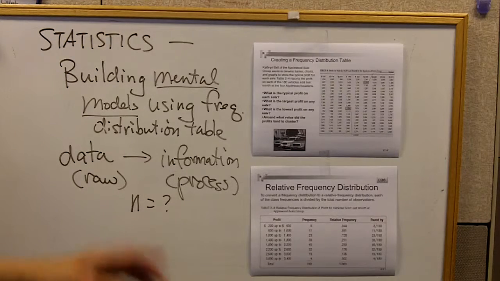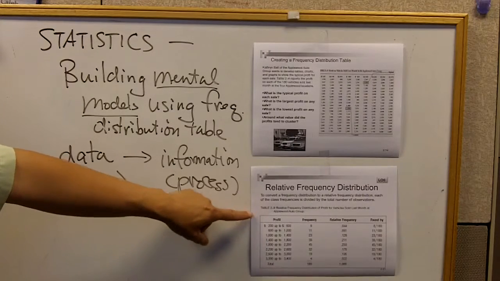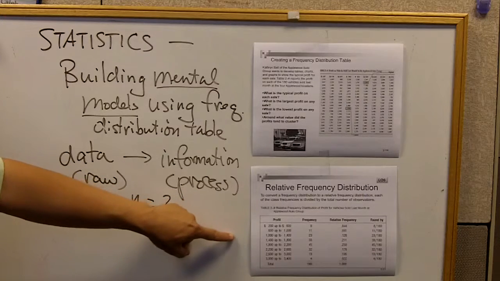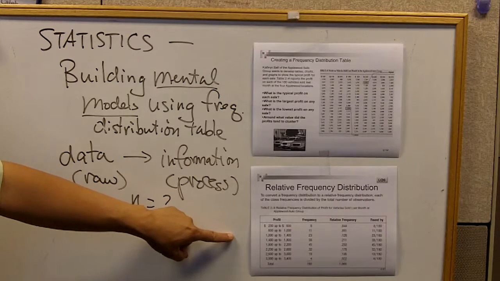We are going to quickly develop a tool called the frequency distribution table. It entails several columns. The first column creates what we call classes within this distribution.